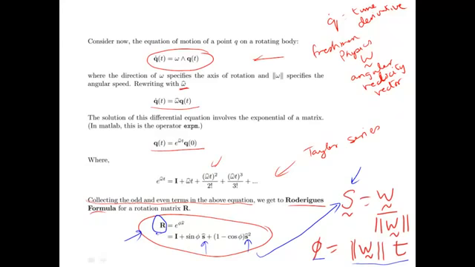If you want to think about this conceptually, the S hat, the axis of rotation, in a way specifies infinitesimal rotation, what happens in a very, very small amount of time.